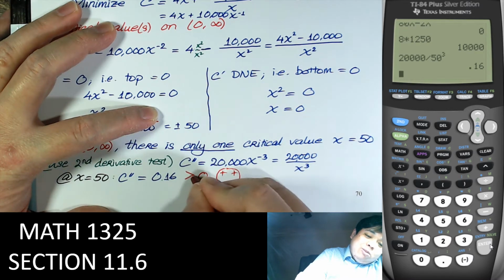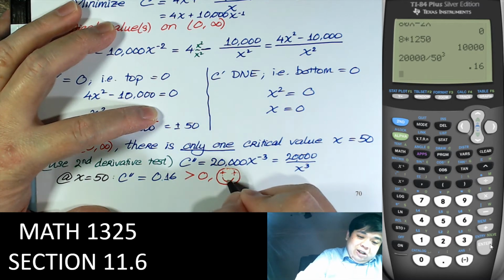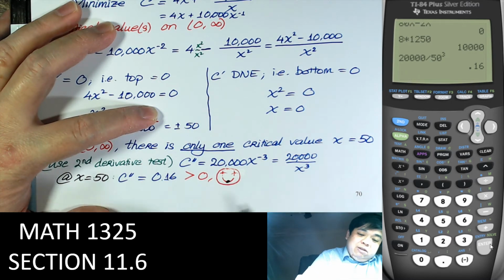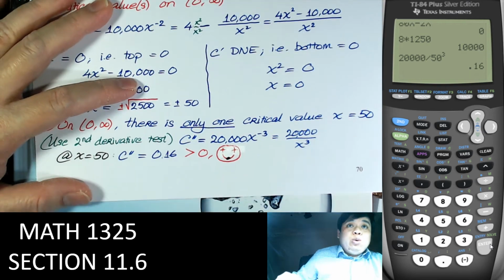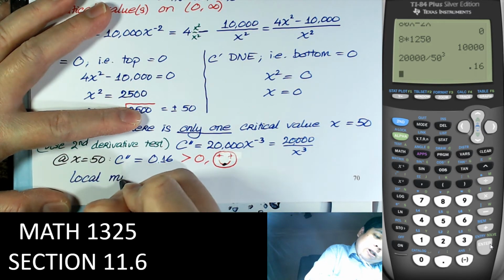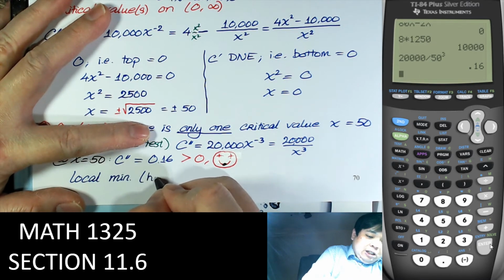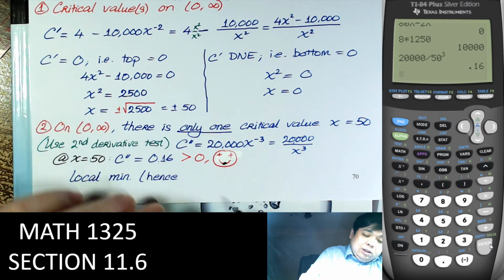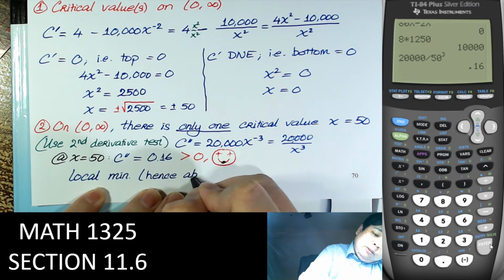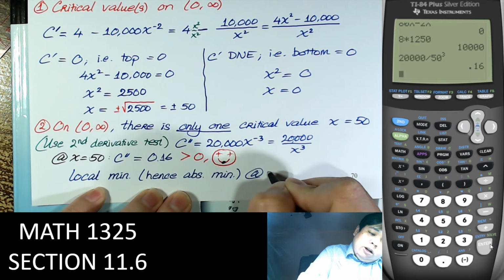Second derivative is positive, so it's concave up, and therefore the minimum at 50. So we say local min, therefore absolute min occurred at x equal to 50.